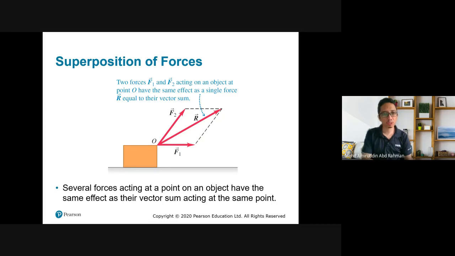The combination of F1 and F2 will be equivalent to vector R. Several forces acting at a point on an object have the same effect as their vector sum acting at the same point. As long as they are acting at the same point, you can combine those forces.